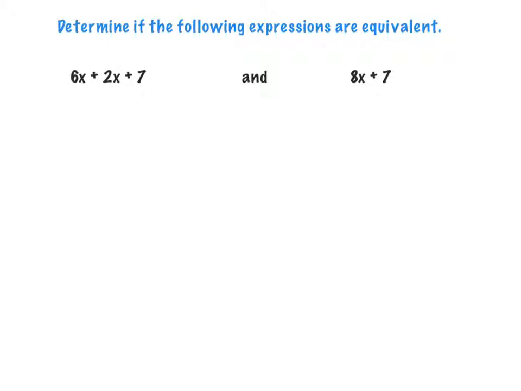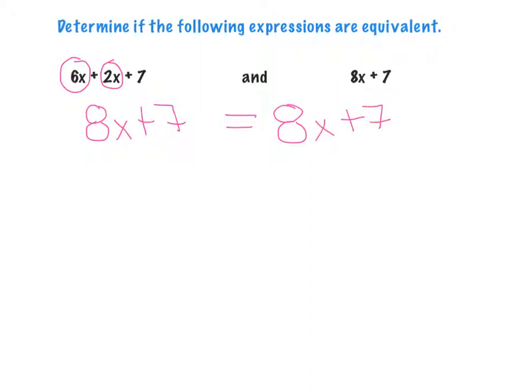If I look at this first one, I know that I can simplify it because I have a 6x and a 2x that are like terms. So 6x plus 2x makes 8x, and I have 8x plus 7 on this side. And we should know that 8x plus 7 is equal to 8x plus 7. So they are equivalent.